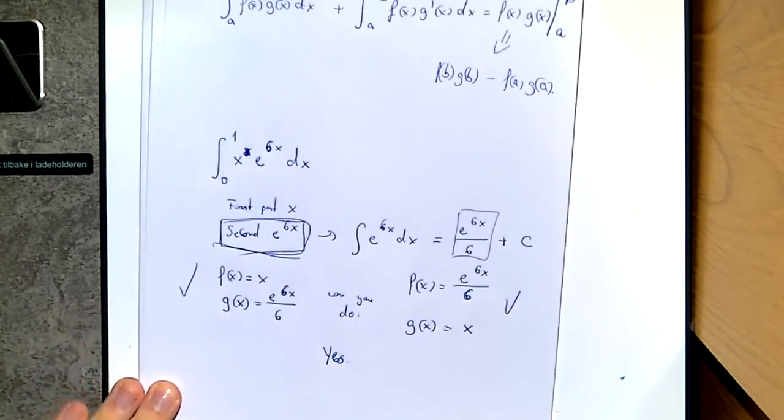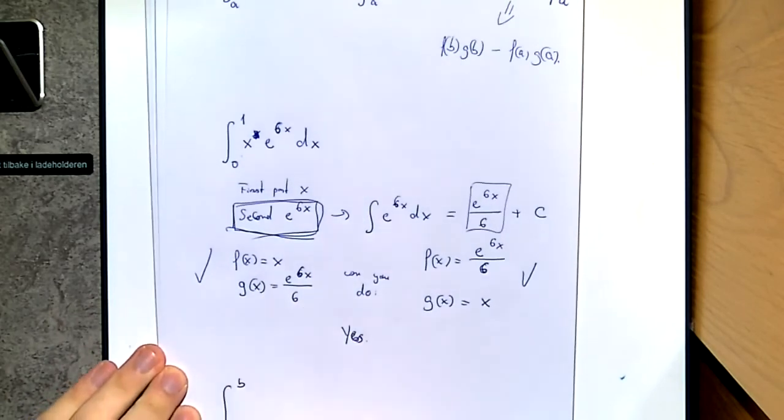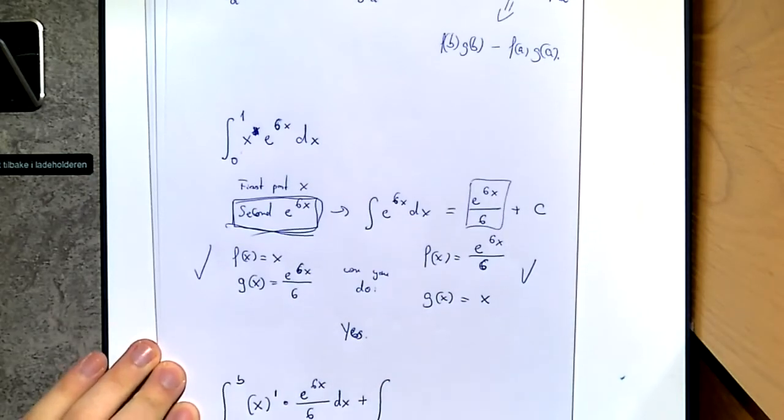Cool. Again, applying the formula from a to b. My formula is f prime of x, so it's x prime multiplied by g of x, e to the 6x over 6 dx, plus the integral from a to b.